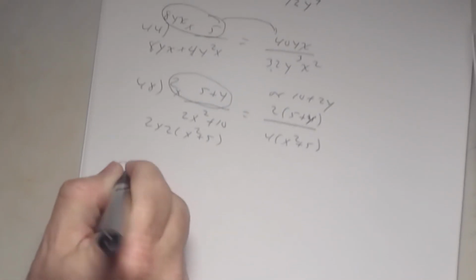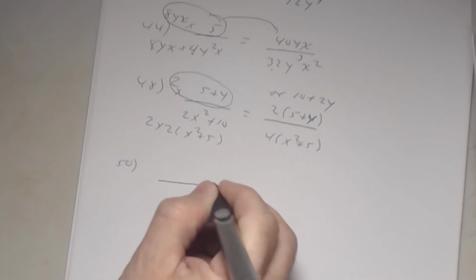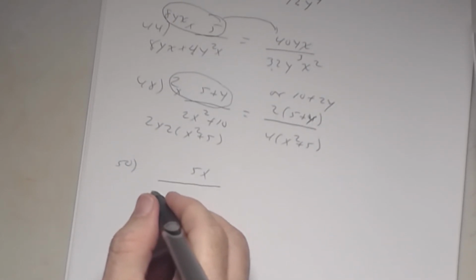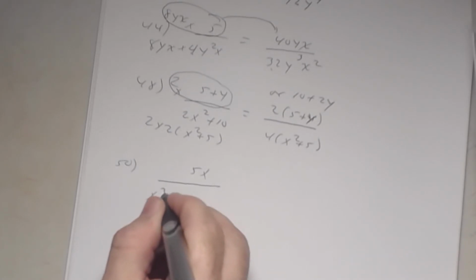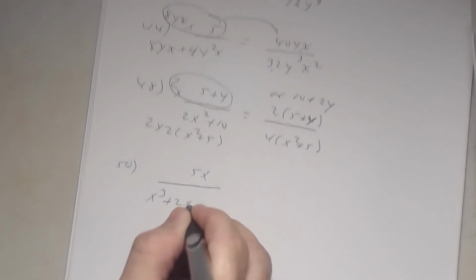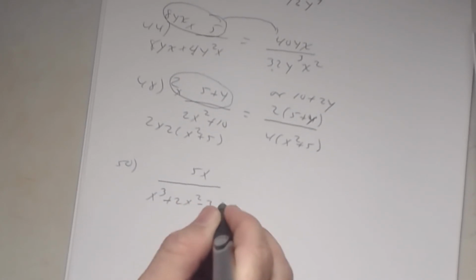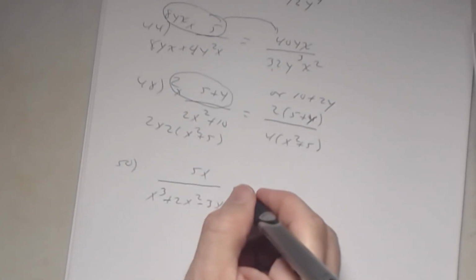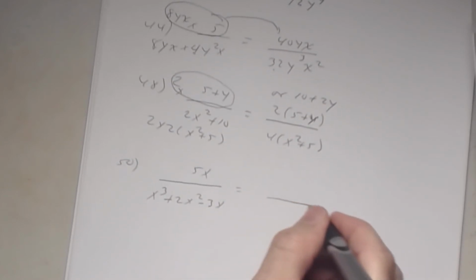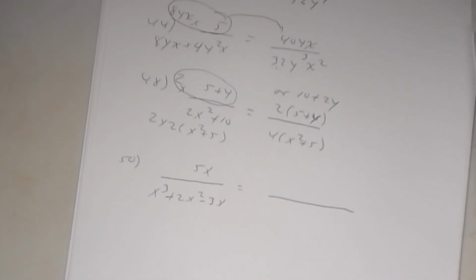All right, 50. You have 5x, and my denominator is x cubed plus 2x squared minus 3x. And you want to write an equivalent fraction that has this denominator.